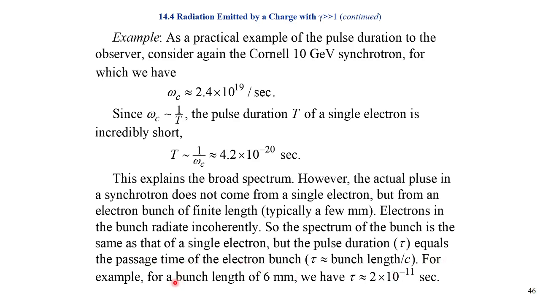For example, for a bunch length of 6 millimeters, tau is much longer compared with this one. That means the electron bunch is not just one electron, but a bunch of electrons, and each bunch has many electrons.